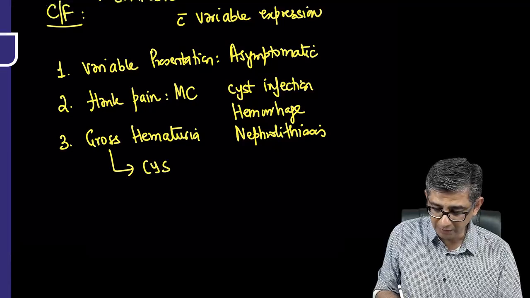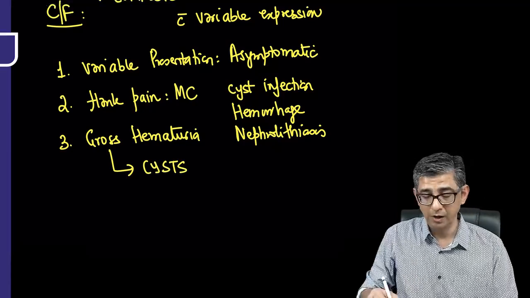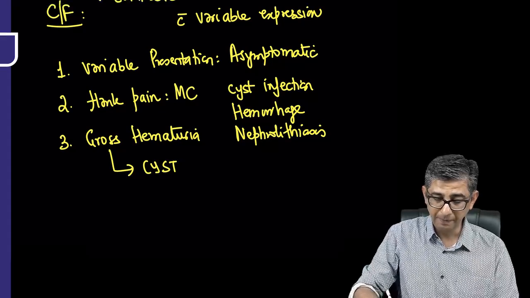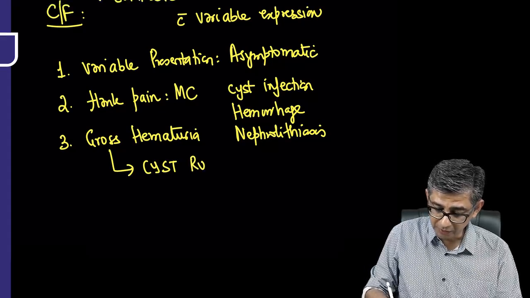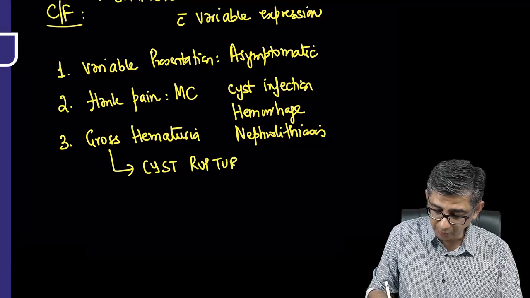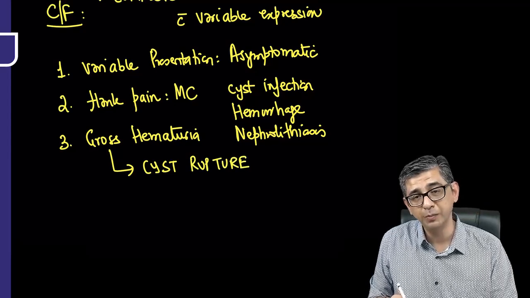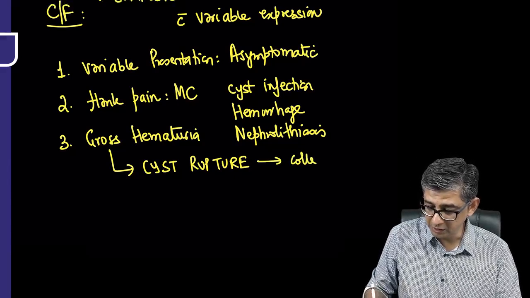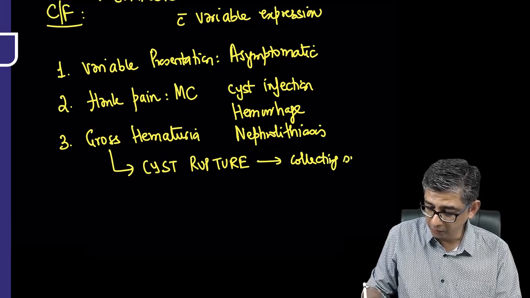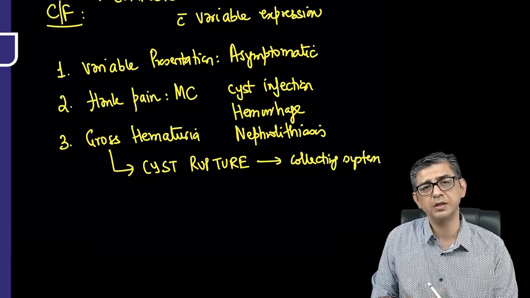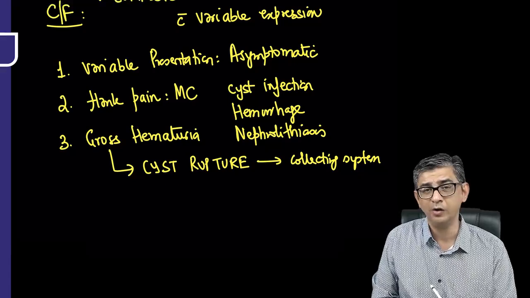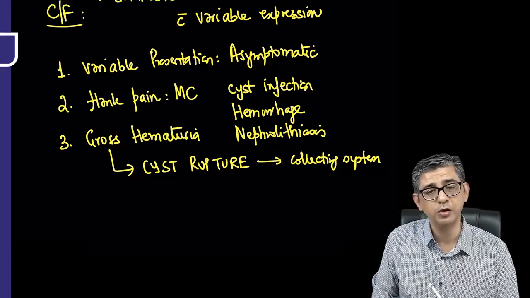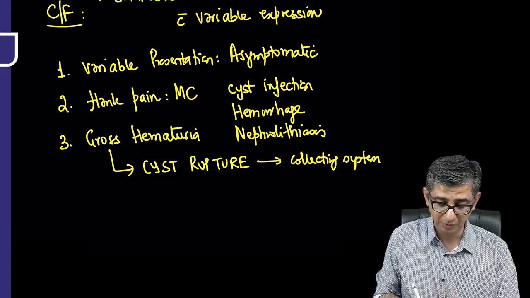But he mentions this in italics in the book, that if the cyst ruptures and communicates, you see, it's not only a simple rupture of the cyst. He says the cyst will rupture and then this is connected with the collecting system. Only then would you be having a hematuria manifestation. If the cyst ruptures and it's not connected to the collecting system, gross hematuria manifestation cannot occur in these patients.